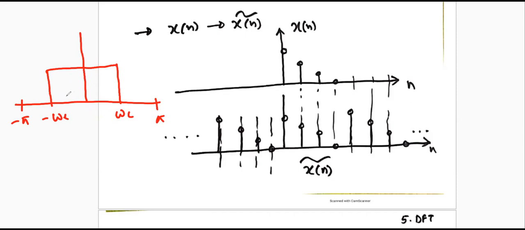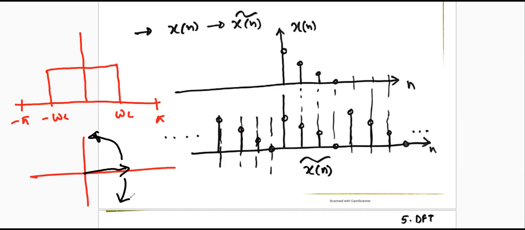What is the negative frequency? It is just rotating in the opposite direction. If your vector is rotating anti-clockwise, that is a positive frequency. When it is rotating in the clockwise direction, that is negative frequency.